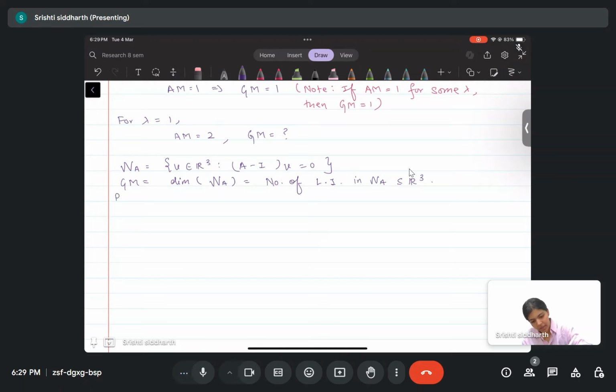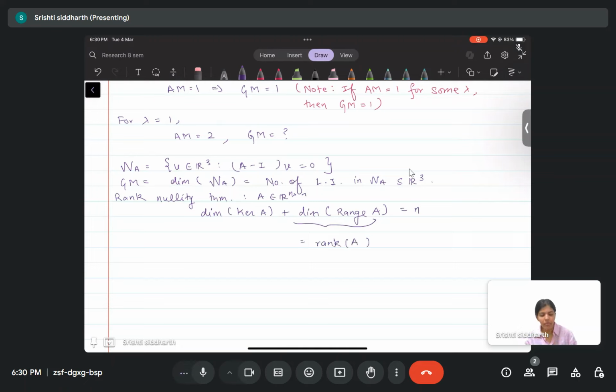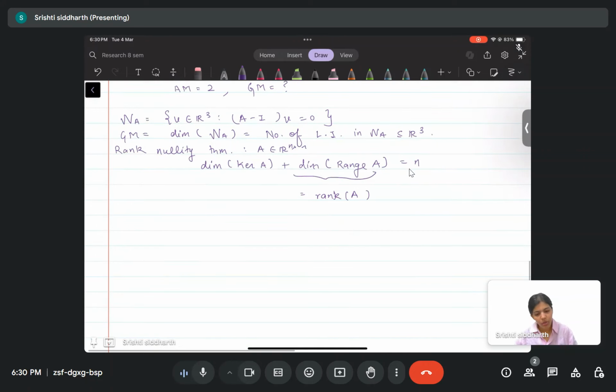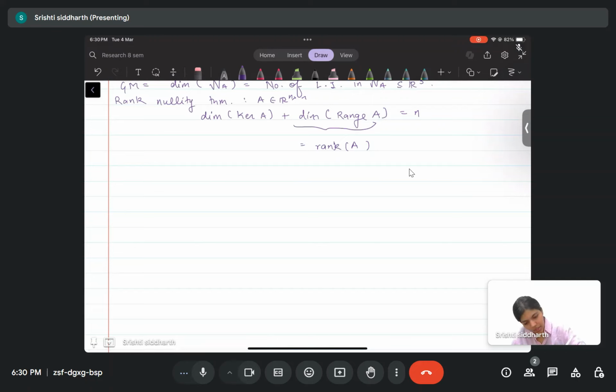Now we'll apply the rank-nullity theorem: the dimension of the kernel of the matrix A plus the dimension of the range of A equals n, where A is in R^(n×n), and the dimension of the range is exactly the rank of the matrix A. So now we want to figure out the dimension of the kernel of A minus lambda I, so let's find the rank of A minus lambda I first.